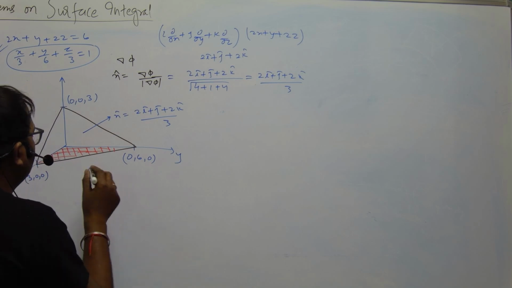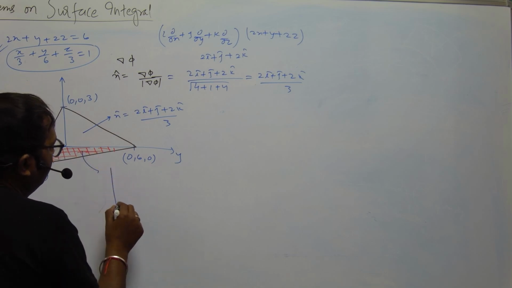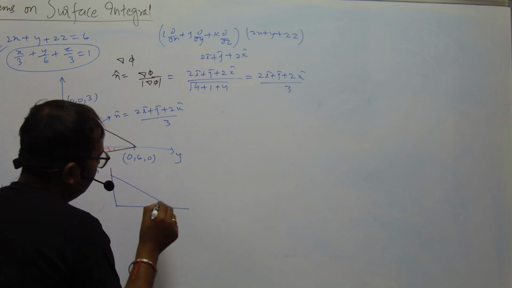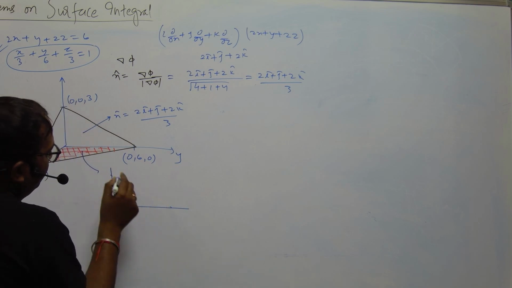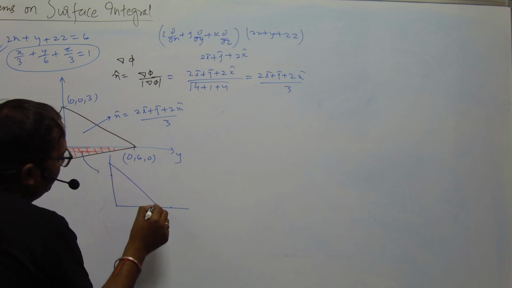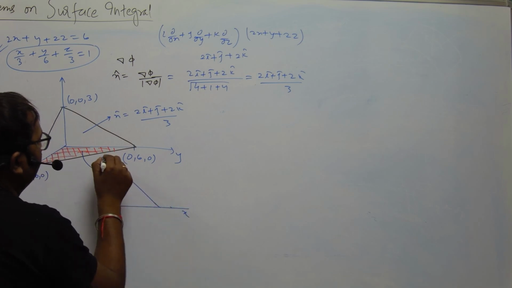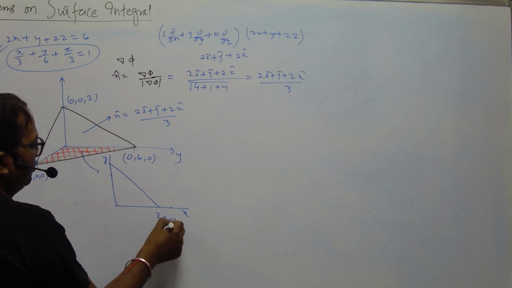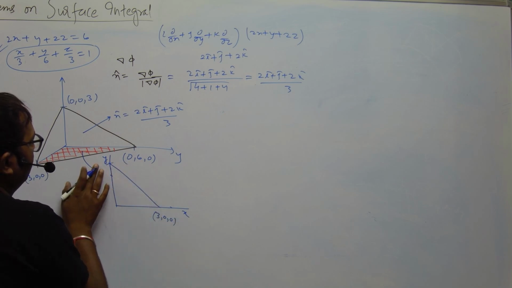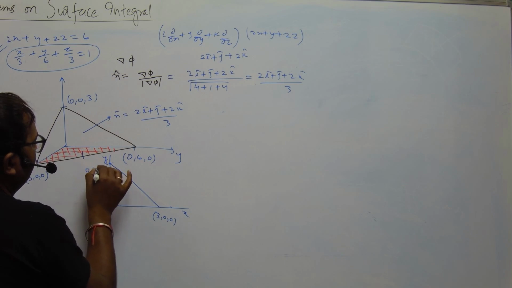This region R will be like this, with the points 3, 0, 0 and 0, 6, 0.